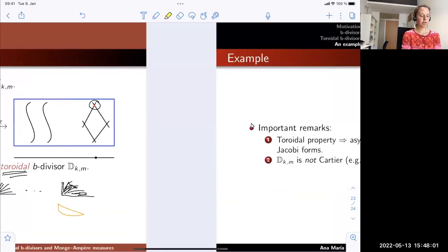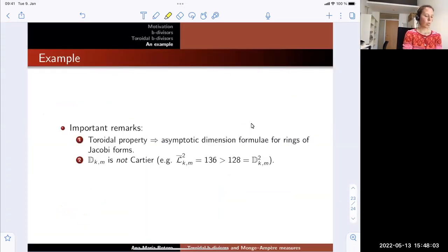The toroidal property comes in when you want to use the Hilbert-Samuel formula in order to compute this asymptotic dimension formula for rings of Jacobi forms. So here the toroidal property is necessary. And then a second remark is that this example is really not Cartier. So this b-divisor does not live on any finite model. You really have to consider the whole tower.